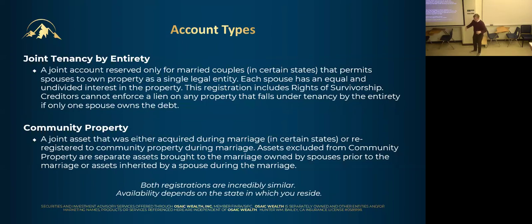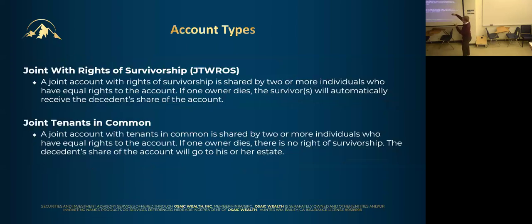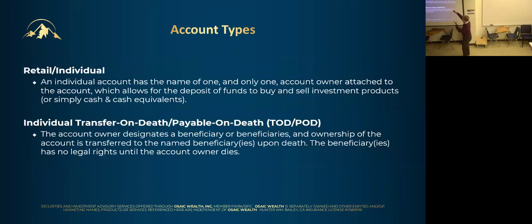So if husband and wife are building up assets together in this tenancy by the entirety account, but the husband has been very bad, and he took on debt and he's gambling and racking up this extra debt on the side, those creditors can only take from his personal assets that are registered either by joint tenancy with rights of survivorship, joint tenants in common, or the individual.